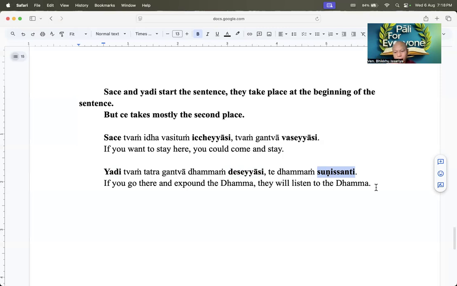Now one more sentence, with the present tense or future tense also.